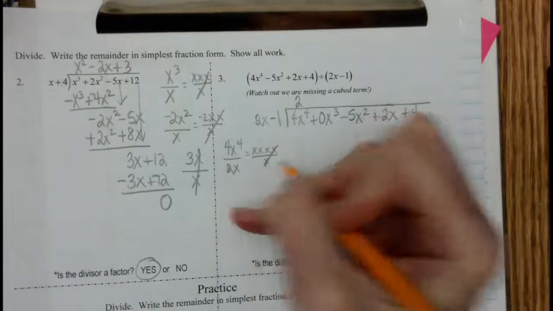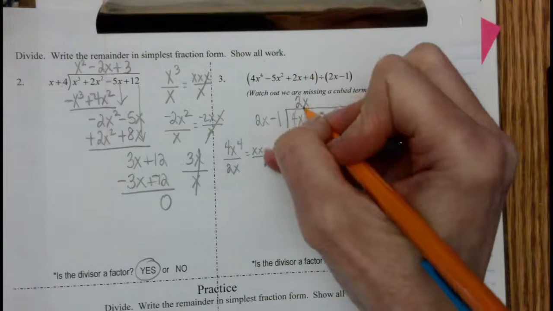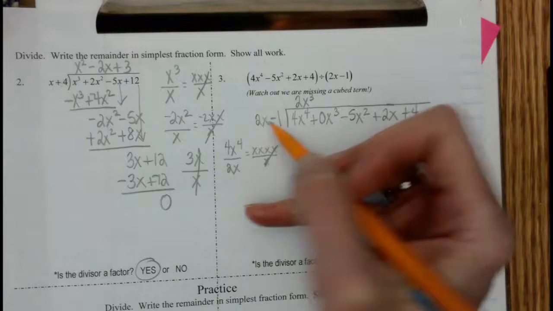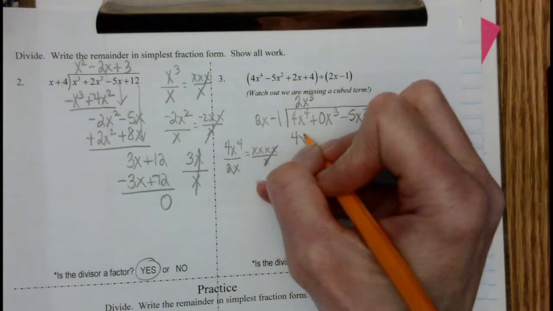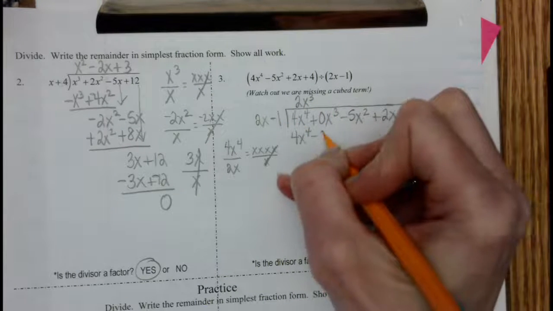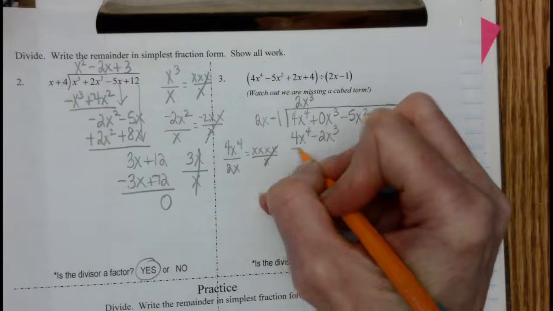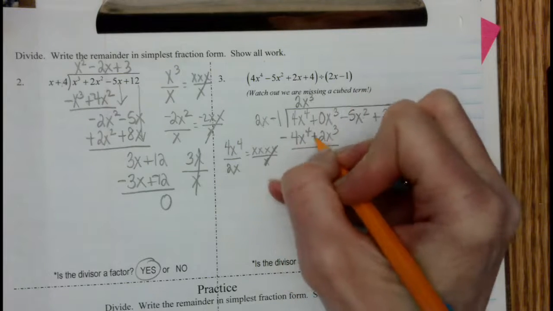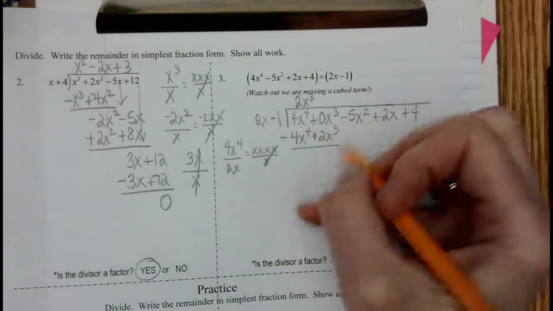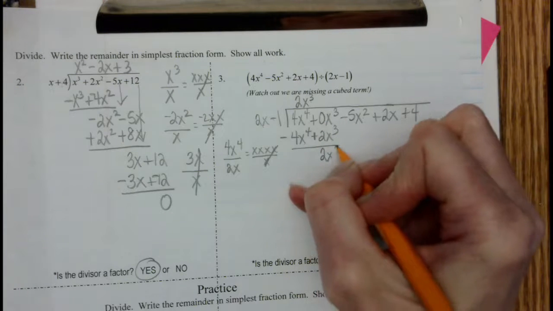I hope you don't have to do that, but worst comes to worst. So we've got 2x cubed. 2x cubed times 2x is 4x to the 4th. 2x cubed times negative 1 is negative 2x cubed. Change both signs. Well, the 4x to the 4ths cancel out, and we're left with 2x cubed.